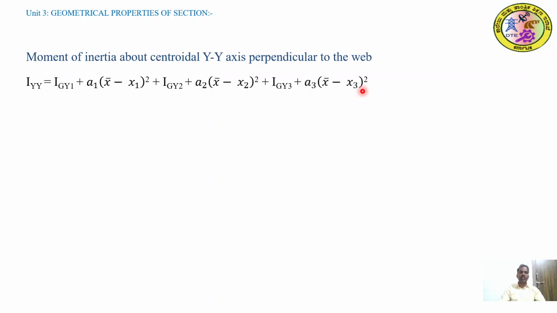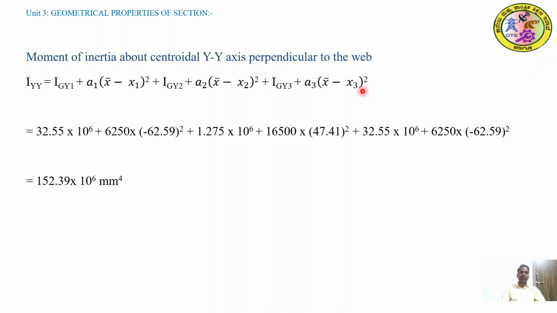So if we substitute all these values, we will get the moment of inertia about the y axis, which is perpendicular to the web for the given channel section, is 152.39 into 10 power 6 millimeter power 4.